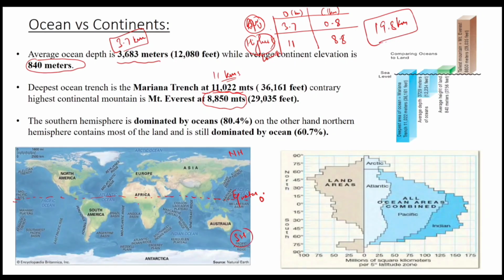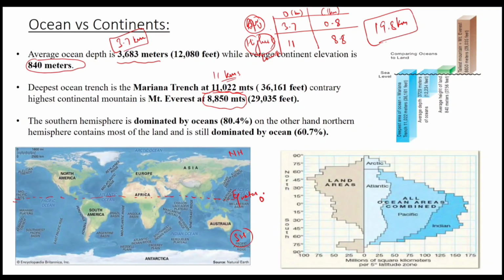As you can see from the global map, the relative percentage of oceans is more in the southern hemisphere compared to the northern hemisphere. Though the ocean percentage is more in both cases, I am talking about the relative ocean percentage.